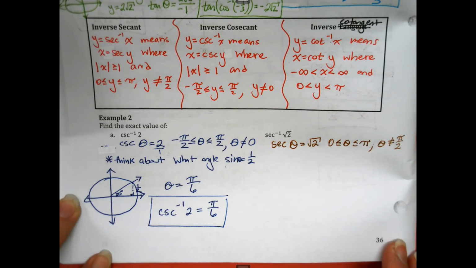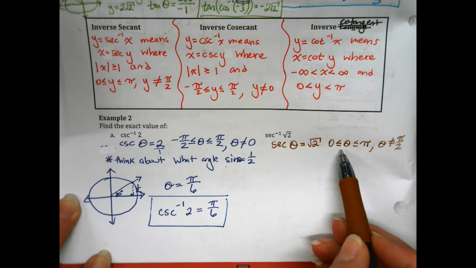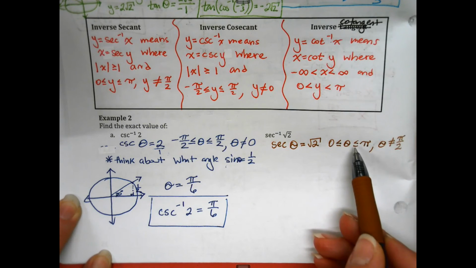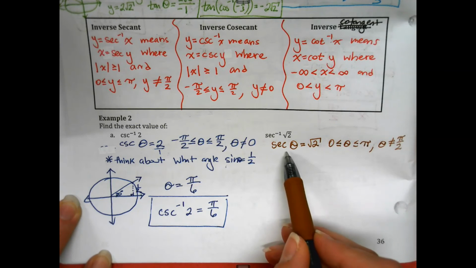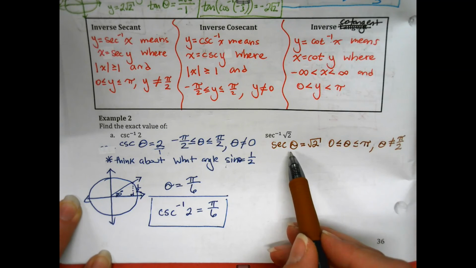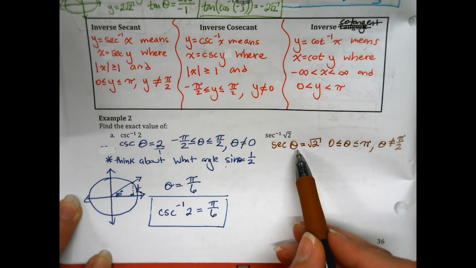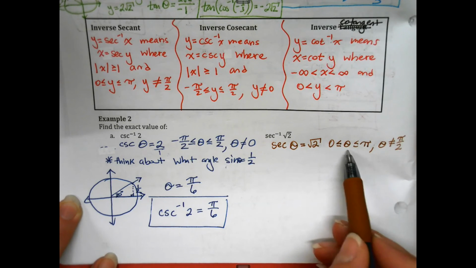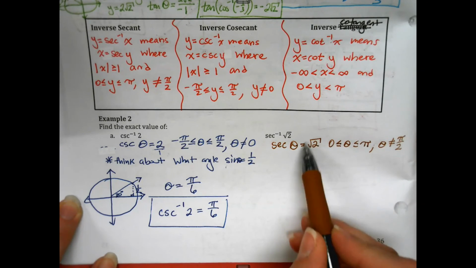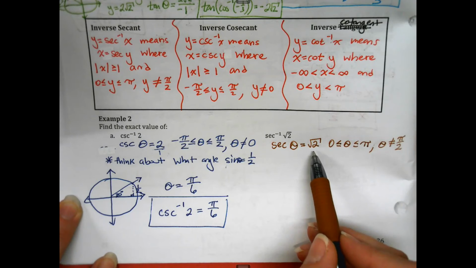We know that theta is going to be in quadrant number 1, since this is dealing with quadrants 1 and 2, just like cosine. Remember, cosine is its reciprocal function. And since we know that it's in quadrant number 1, that comes from the fact that the secant value is positive.